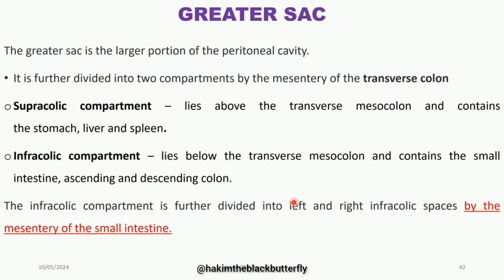Okay, so the greater sac is divided into two compartments: the supracolic compartment and the infracolic compartment. And this division is attained by the mesentery, by the transverse mesocolon.